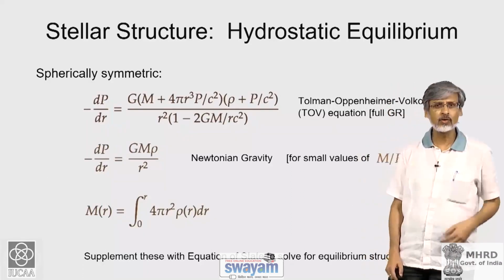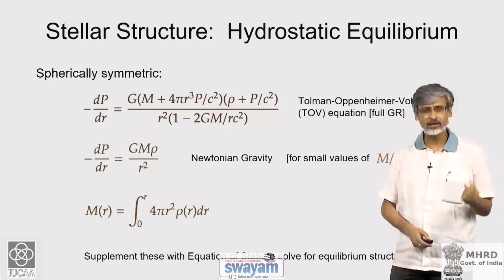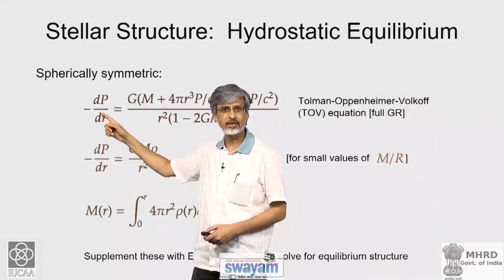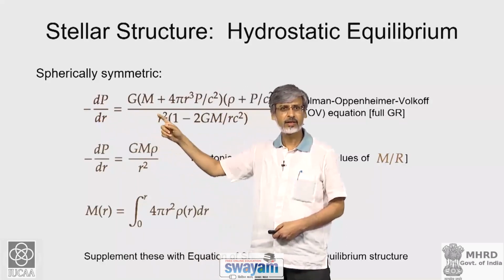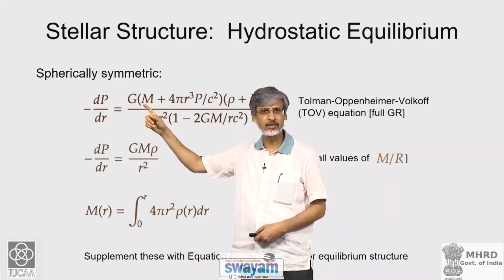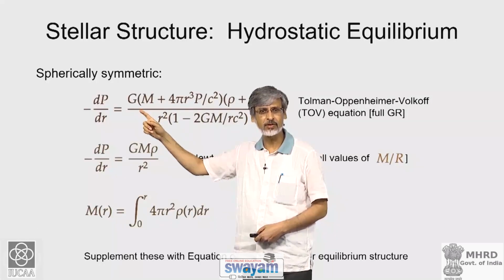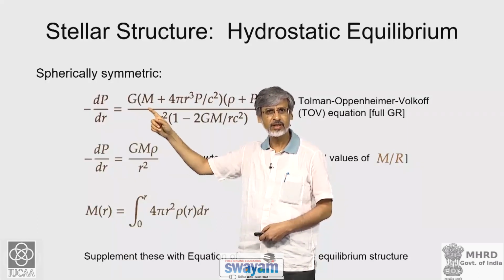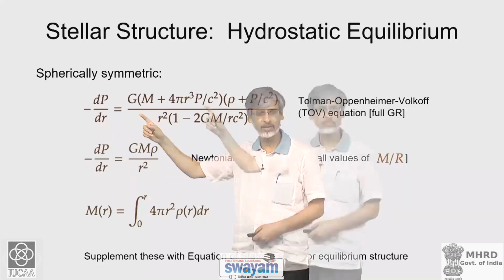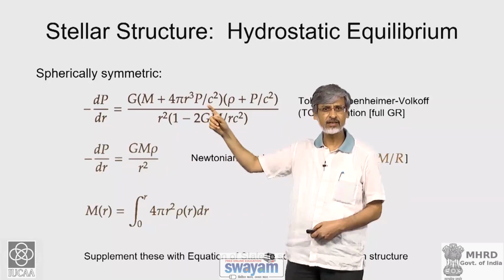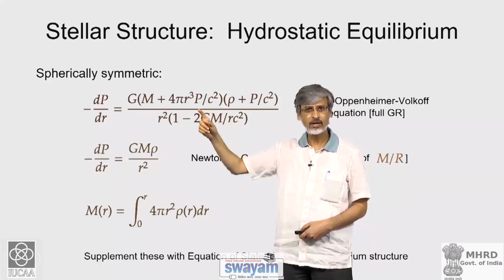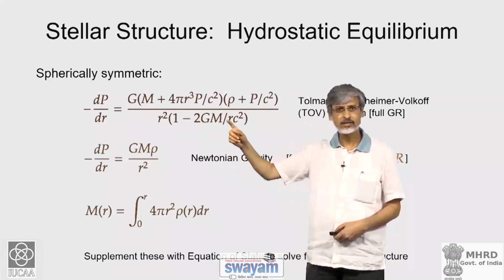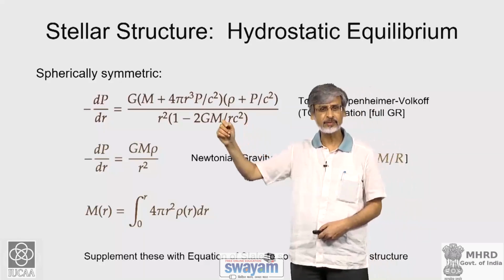This is called the Tolman-Oppenheimer-Volkoff equation, where on the left hand side you see the pressure gradient equaling the right hand side. G is Newton's gravitational constant, m here is the mass contained within the radius r, p is the pressure at radius r, rho is the density at radius r, and c, as you see here, is the speed of light.